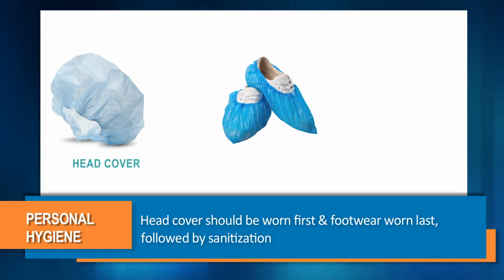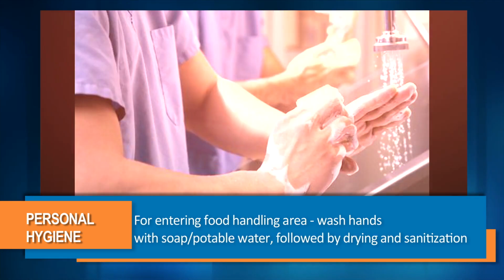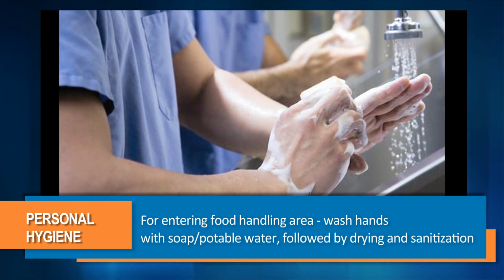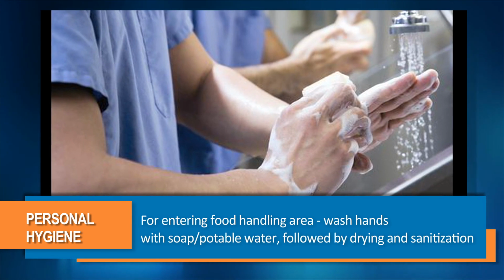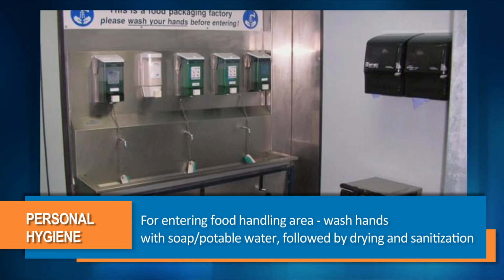Head cover should be worn first and footwear worn last, which is then followed by sanitization. All personnel entering the food handling area shall wash their hands with soap and potable water, followed by drying and sanitization if required.